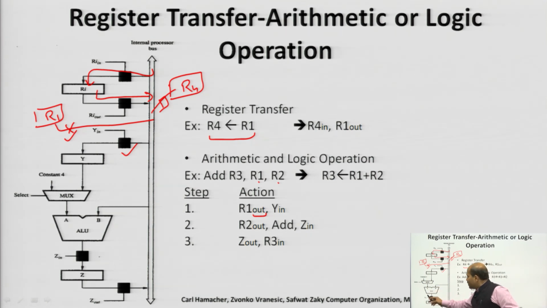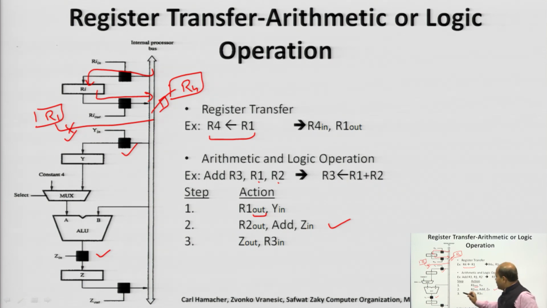So that this ALU will perform the addition operation and the result will be stored in the Z register, because the result can only be transferred through this Z register. So, we have to open the Z in gate of the Z register. In the second step we write simply R2 out, add, Z in.